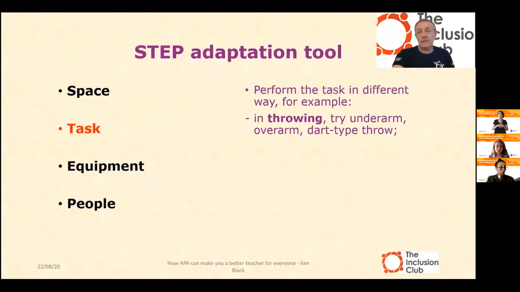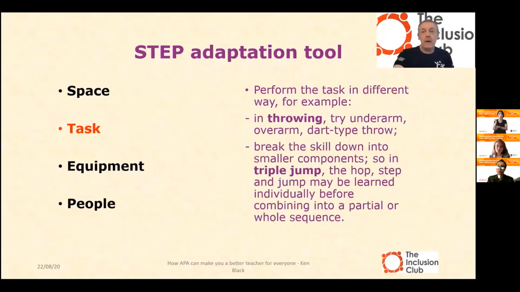If we look at that more closely, in throwing, an underarm throw, an overarm throw, a dart type throw, we can break a skill down into smaller components. So if we looked at triple jump, hop, step, jump, we might teach each of those components individually before trying to combine them into a partial or a whole sequence.